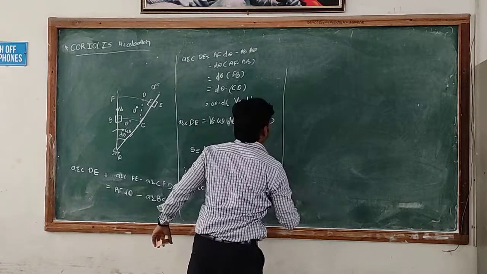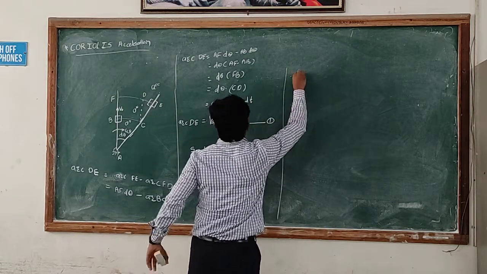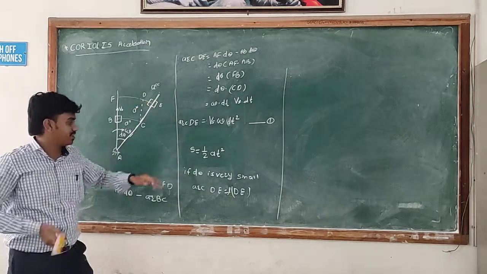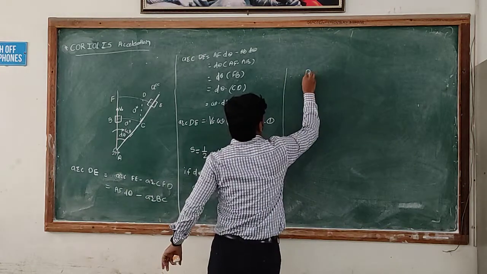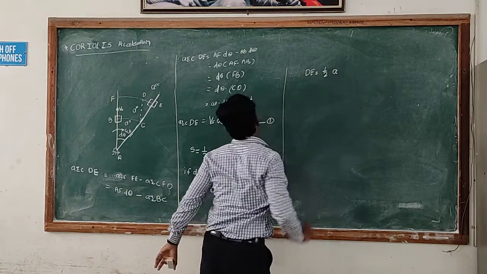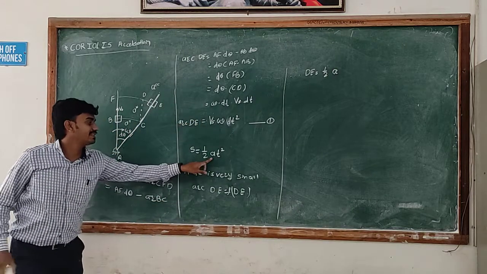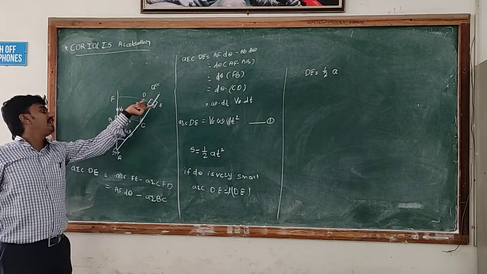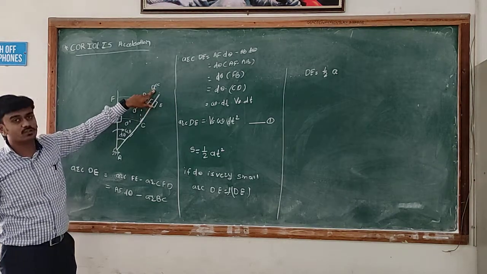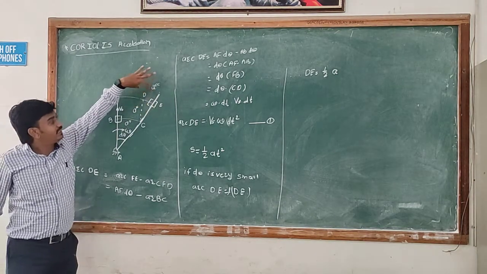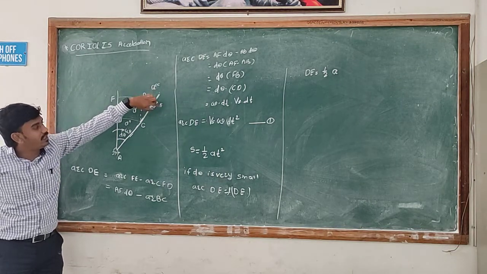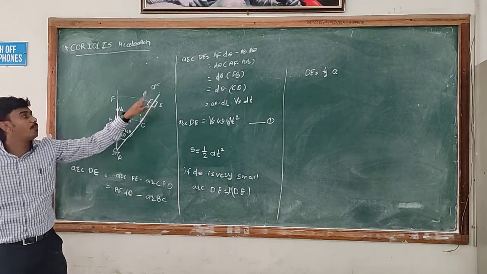If we put this DE as displacement in this equation, S is equal to DE is equal to 1/2 a t square, where a is the acceleration. The displacement of the slider from D to E is due to the Coriolis component of the acceleration.